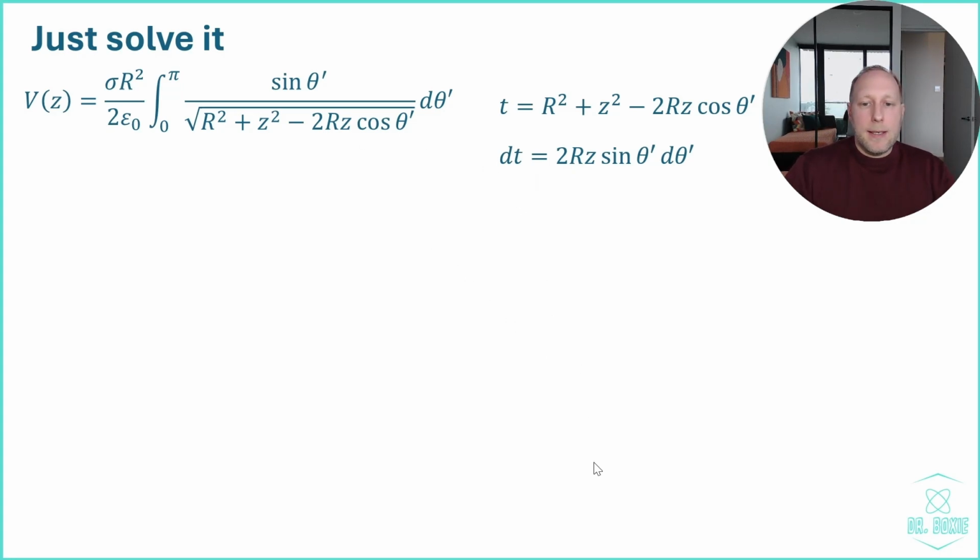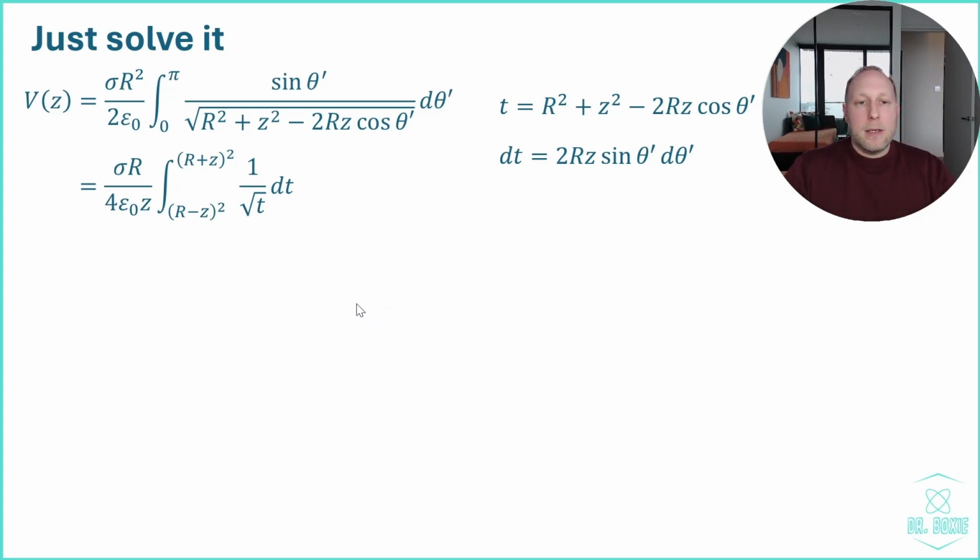And plugging this into the expression we find, sine theta d theta, which is what we had in the initial integral above in the numerator, gives us dt divided by 2rz, and the 1 over 2rz comes out of the integral, and we're left with what you see here.